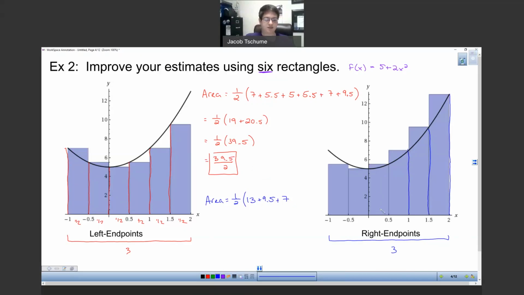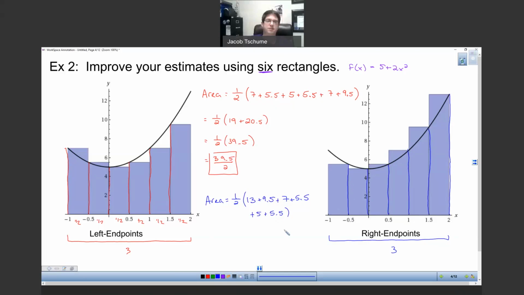All right. From 0 to 0.5, we're going to use 0.5, which will get me up to 5.5. All right. -0.5 to 0, we're going to use the 0 as our height, which is 5. And finally, from -1 to -0.5, we use the right endpoint again, which will get me to 5.5.